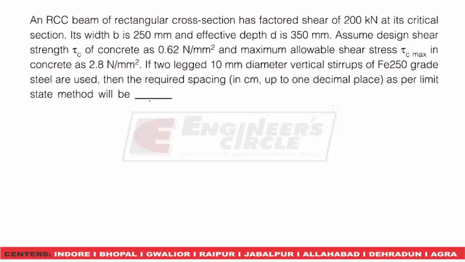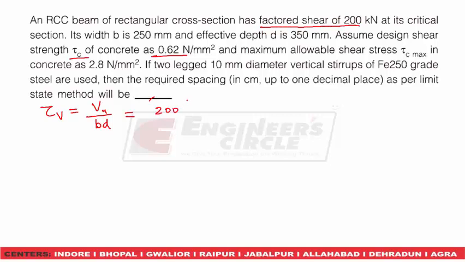Now the shear strength is given to us, tau c equal to 0.62, and we have to determine the spacing. So for defining spacing we should first find out the nominal shear stress generated. Nominal shear stress will be given by design shear force divided by BD. Now the design shear force, that is factored shear force, is 200 kilonewton.